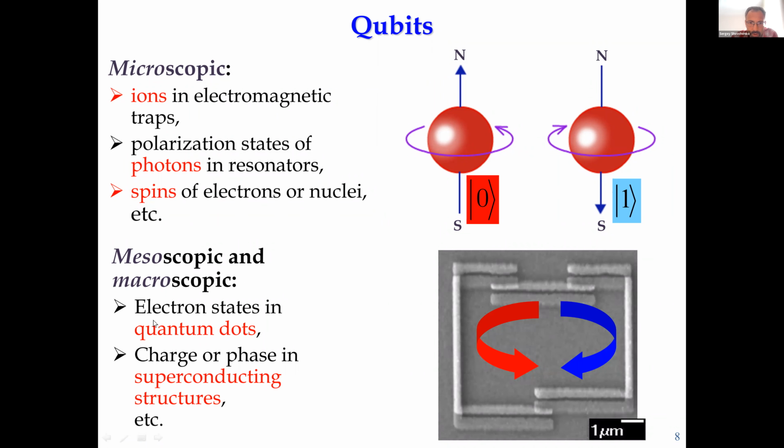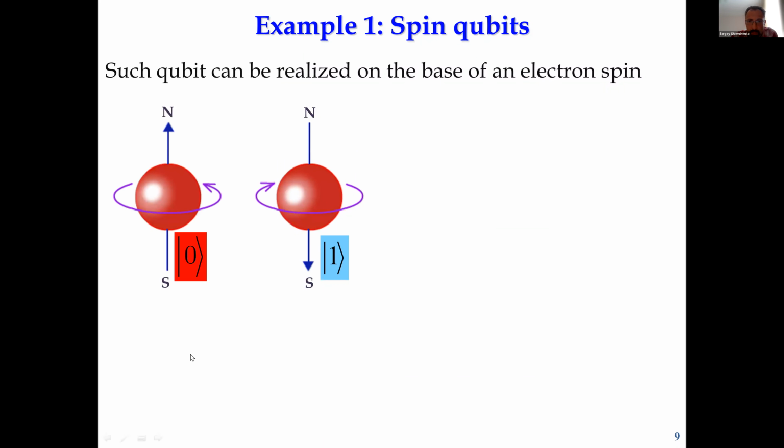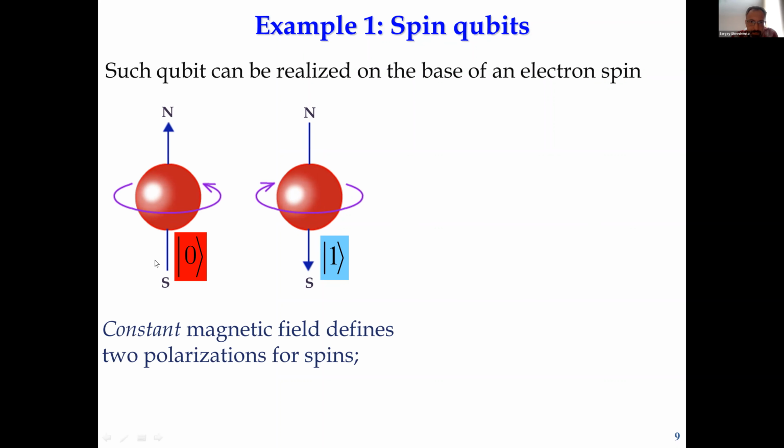These employ electronic states in quantum dots, charge or phase degrees of freedom in superconducting structures, etc. I'll spend 2 slides on 2 examples. First, a spin qubit. This can be, for example, an electron spin.